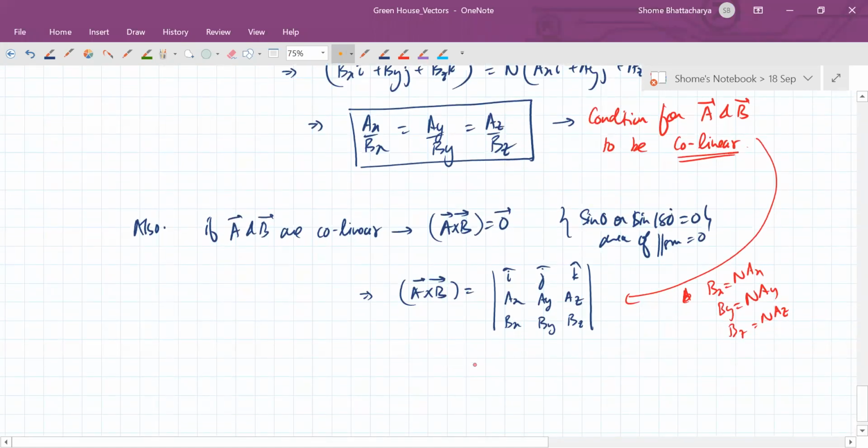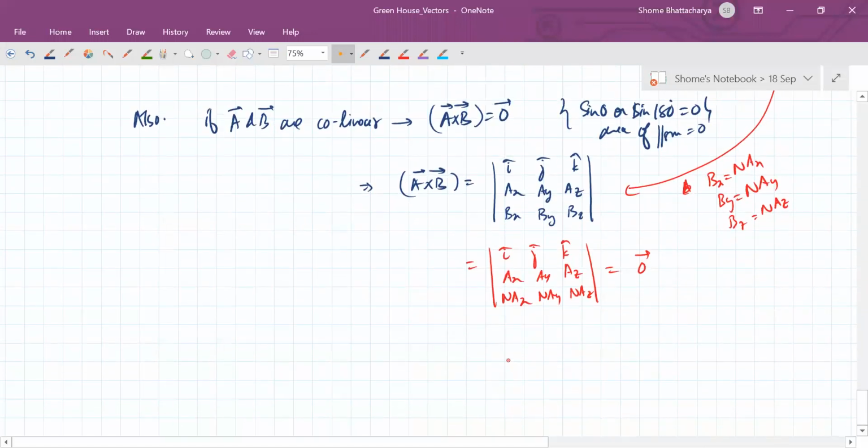If you put that condition and calculate this determinant, you'll see you'll get 0. Each of these terms will give you 0.